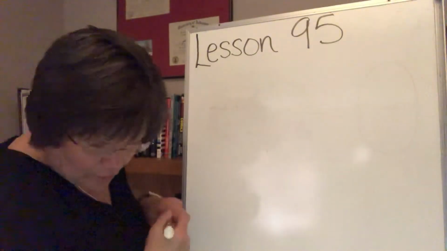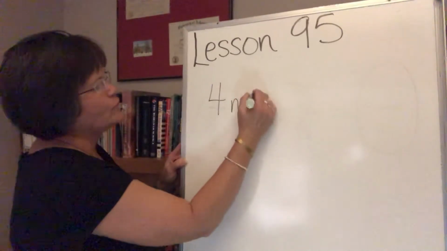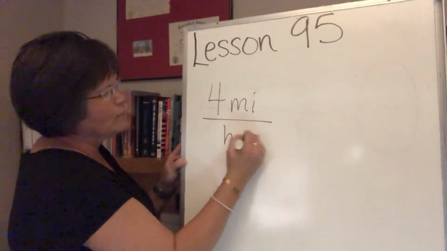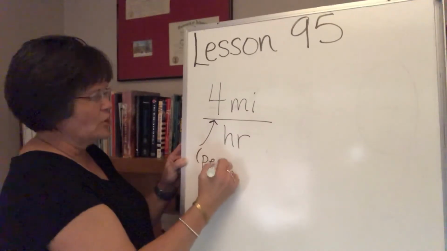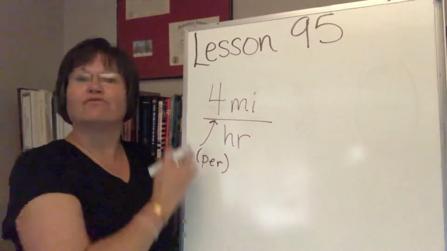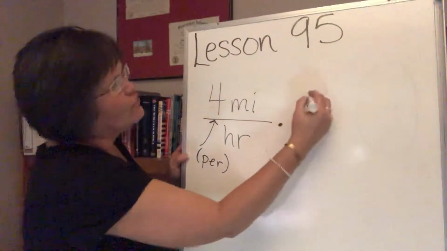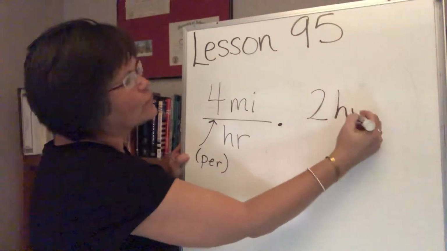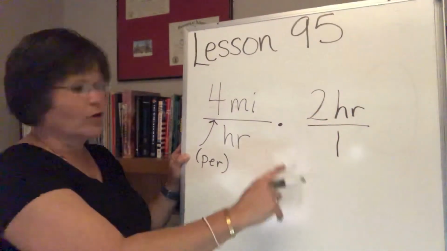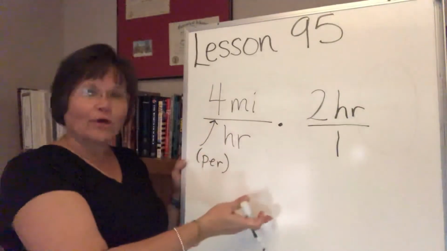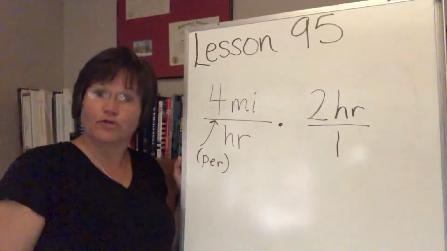So if we start off with this problem, 4 miles per hour. Remember this right here, this division sign always means per. So if I have 4 miles per hour, and I travel for 2 hours, and I write that as a ratio, how many miles would I expect to go traveling 4 miles per hour if I travel 2 hours?